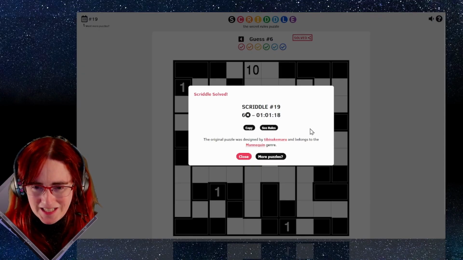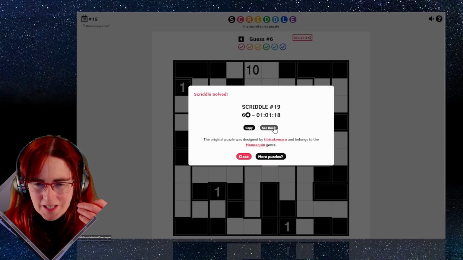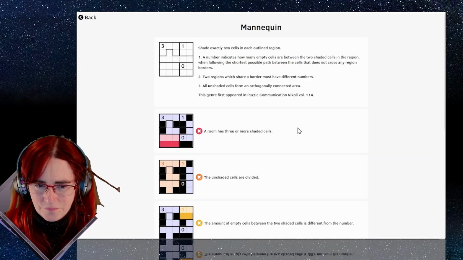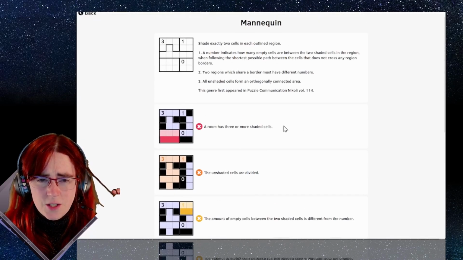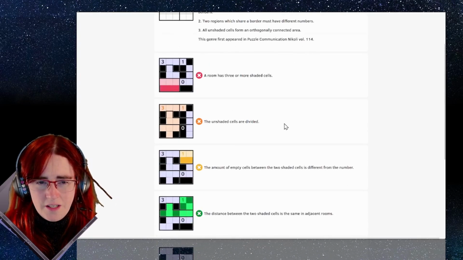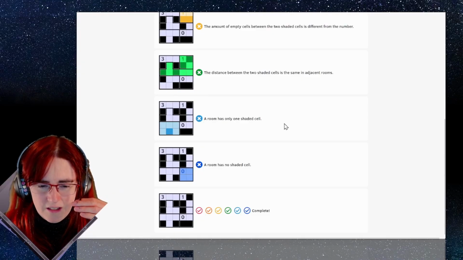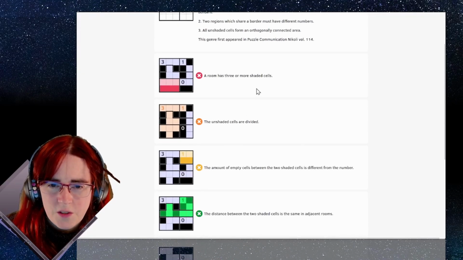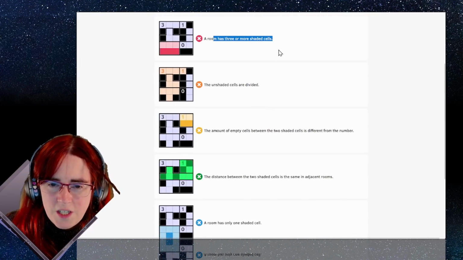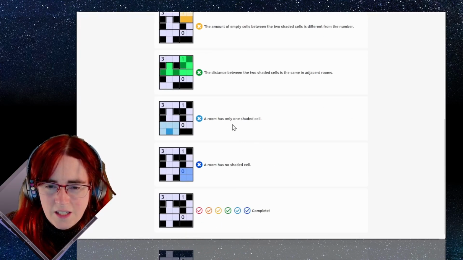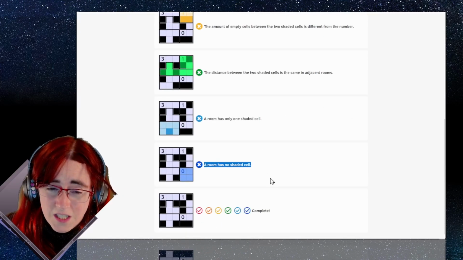Let's see, did we get the rules right? Okay, so now are these our rules? Or are they? No, I think these have been, yeah, these are the reshuffled rules. So can't have 3 or more shaded cells. Can't have only 1 shaded cell. Can't have no shaded cells.